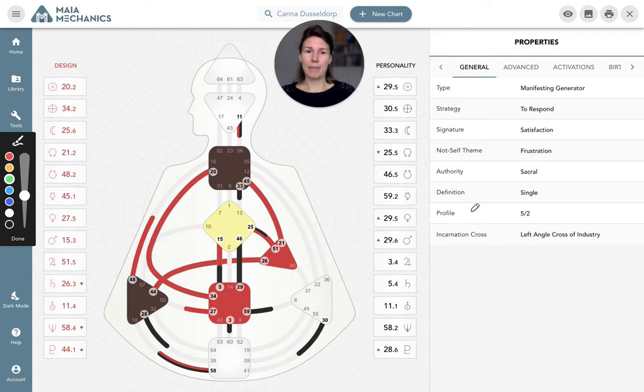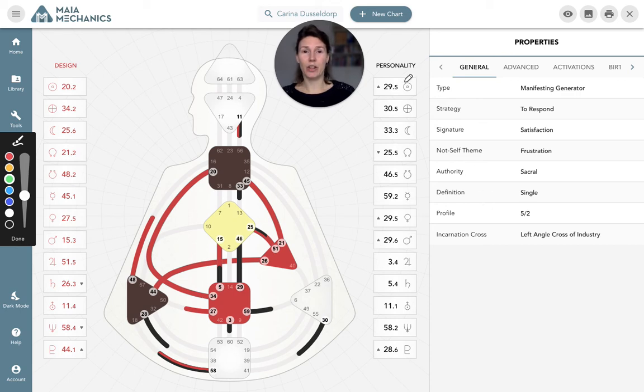You see two numbers here, and in total there are 12 different types of profiles. It's nice to dive into the profile a little bit, because it can tell you a lot about who you are.